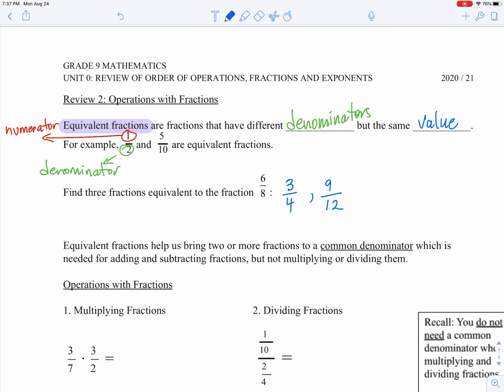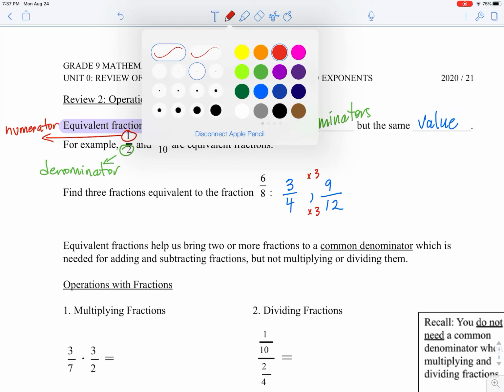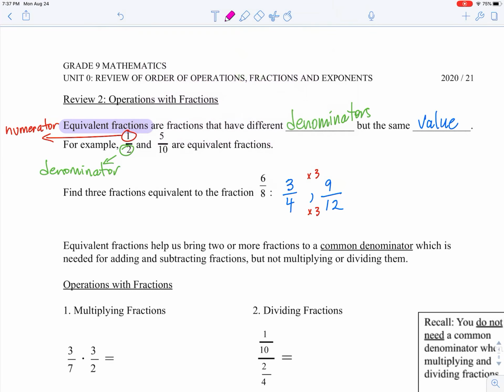That one I got by taking the top and the bottom and multiplying them by 3. Because the general rule of thumb is whatever you do to the top, you got to do to the bottom. One that I find really enjoyable to do is just take the top and the bottom and multiply them by 10 or like by 100.